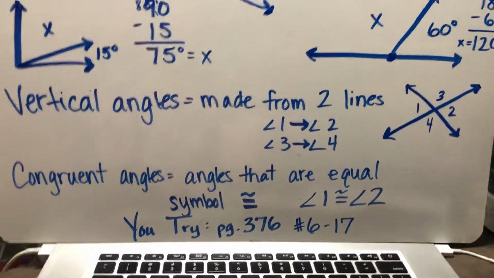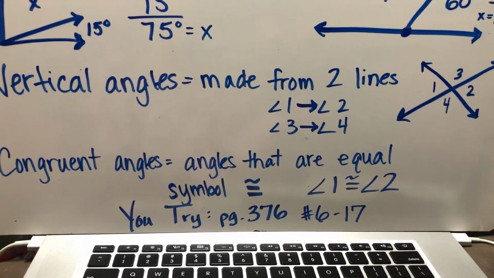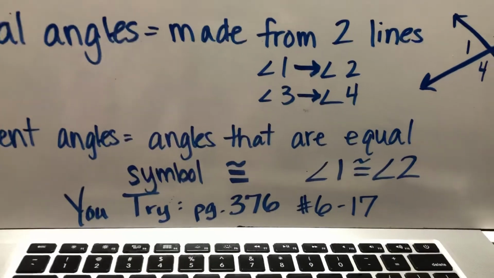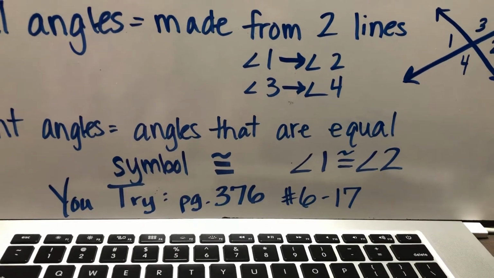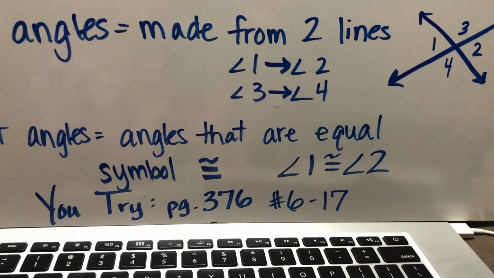Your fourth kind today is congruent angles. And these are angles that are equal, and they get a little goofy symbol. It's an equal sign with a squiggly line over it, but it stays within the space.